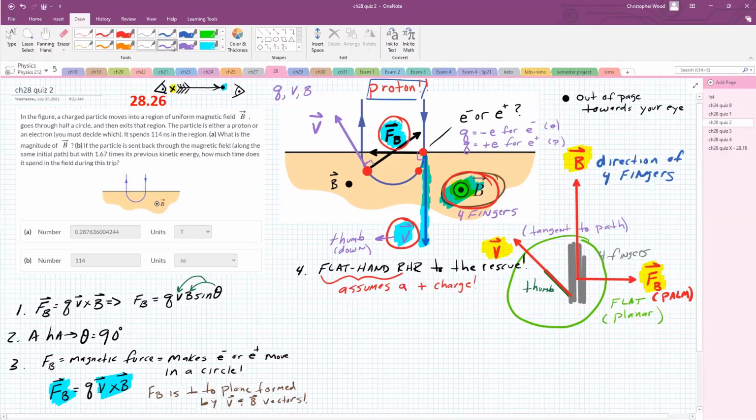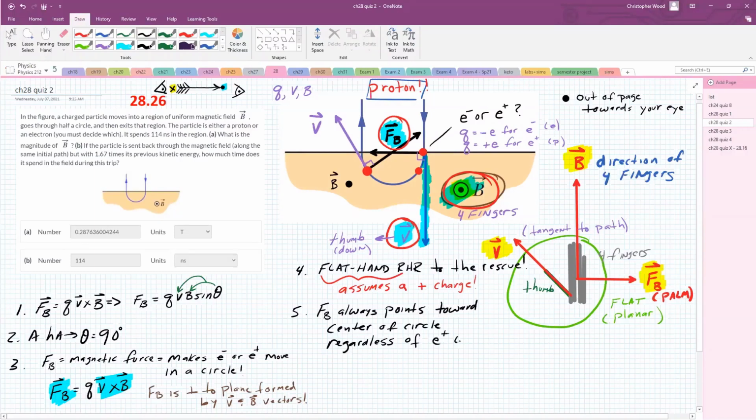All right, so no matter where the proton is, F sub B always points towards the center of the circle, regardless of the proton's location.